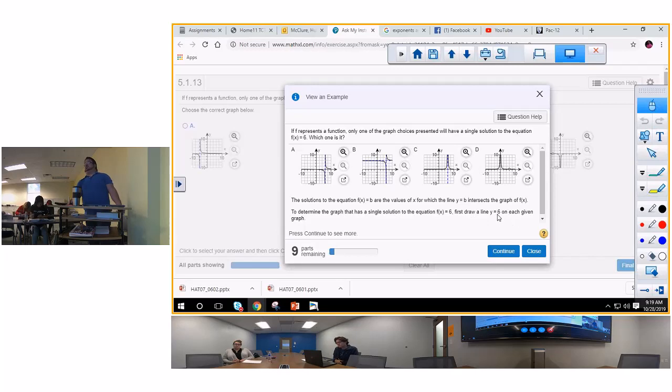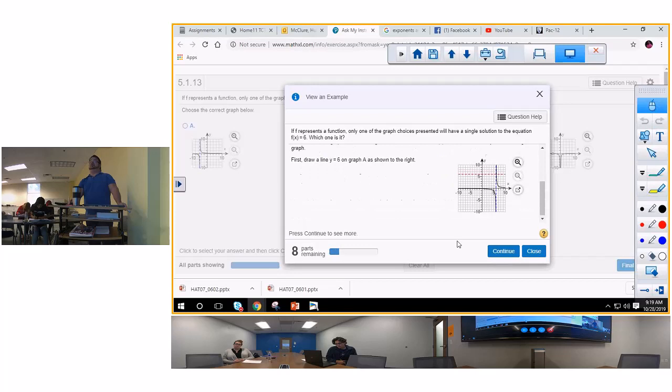Y is equal to 6. That's what I just said. I said y is equal to what? Negative 5. Y is equal to negative 5 is a vertical shift. In this case, y is equal to 6 would be a positive shift right there. So it seems like to me the answer would be B on this one.